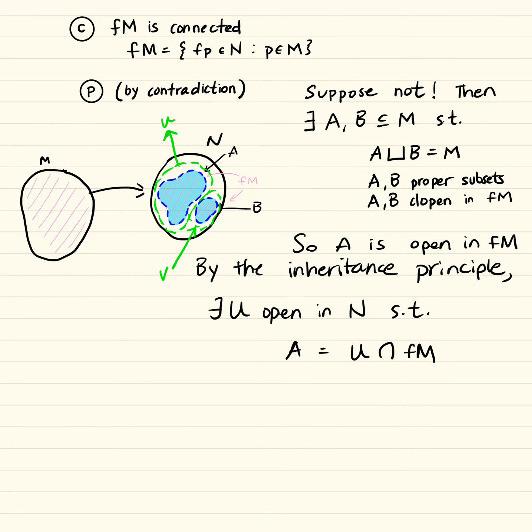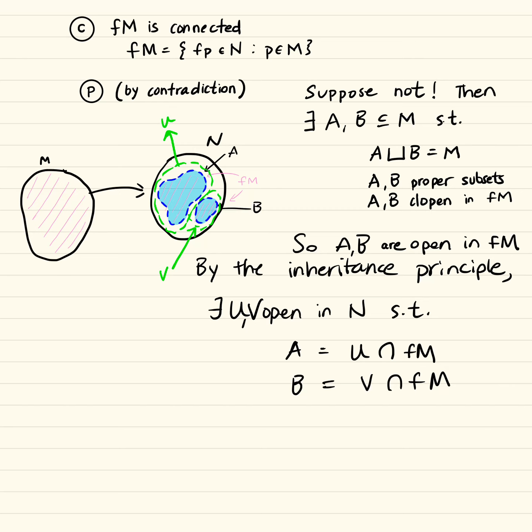So let's add this to our proof. There exists U, and let's put V in here because we can do the same thing. B is equal to V intersect f of m. And let's go back and modify this sentence here. A and B are open in f of m, and by the inheritance principle, we've got two open sets in N whose intersections with f of m are A and B. Now remember, f is continuous. What do continuous functions do with open sets?